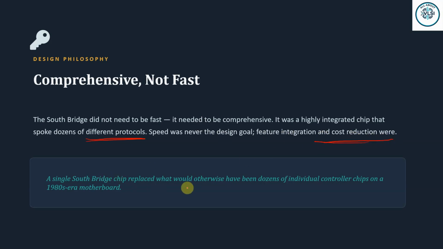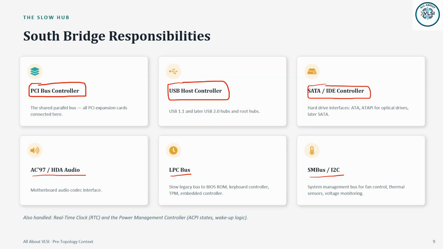Basically a single South Bridge chip replaced what would otherwise have been dozens of individual controller chips on a 1980s-era motherboard. If I want to implement these different kinds of protocols, I need different protocol controllers, so I would need different chips and different controllers.